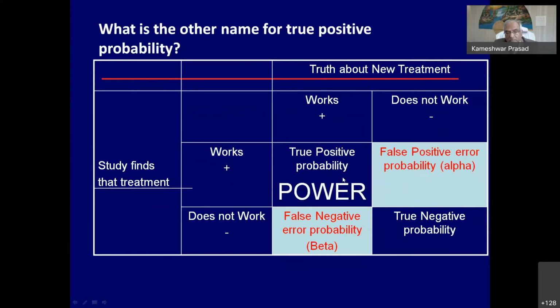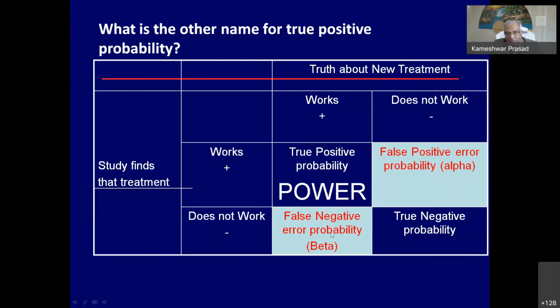So this true positive probability is called the power of the study, which is nothing but the complement of false negative error probability, beta. If beta is 5%, I would have asked you in a lecture what will be the power. That will be 95%. If beta, or false negative error probability, is 10%, then power is 90%.